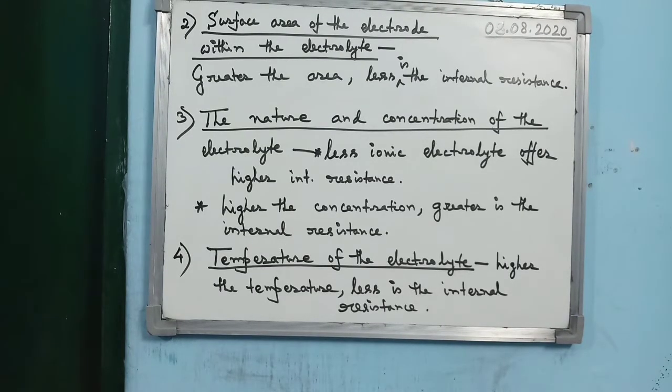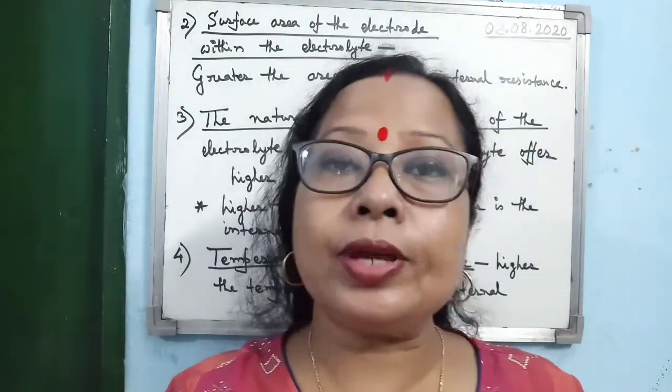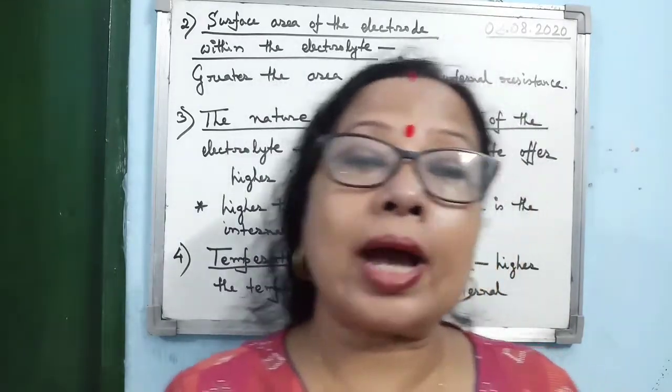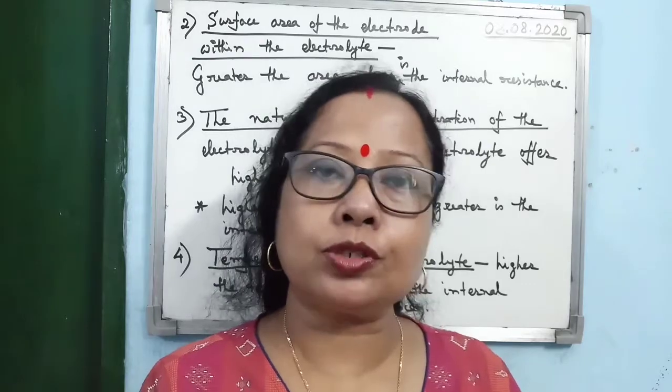Now the second factor on which internal resistance of a cell depends is the surface area of the electrode within the electrolyte. So understand again the basics of the current produced by the cell.